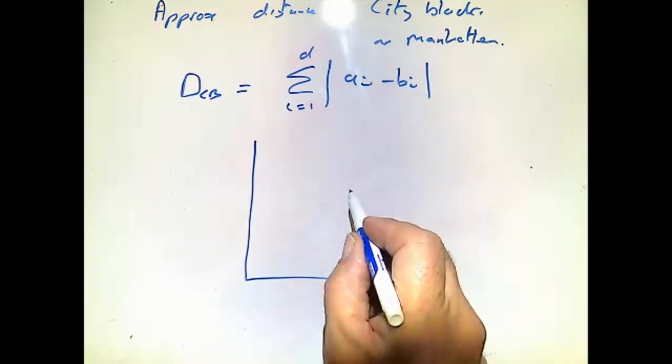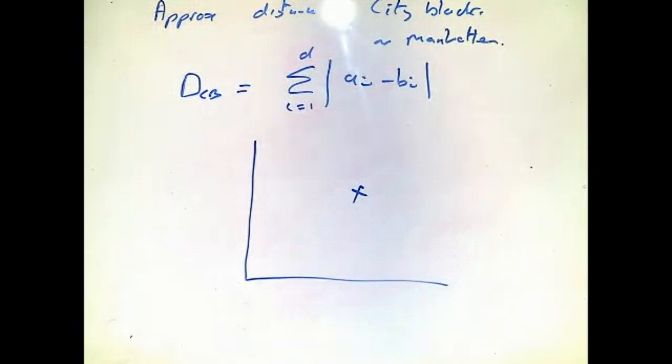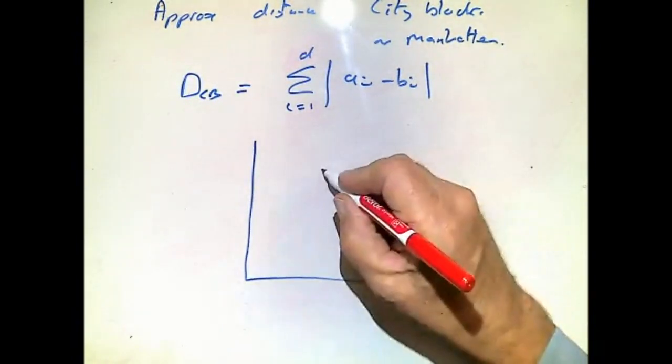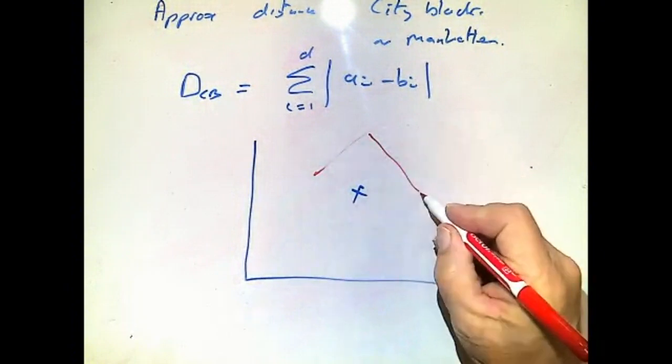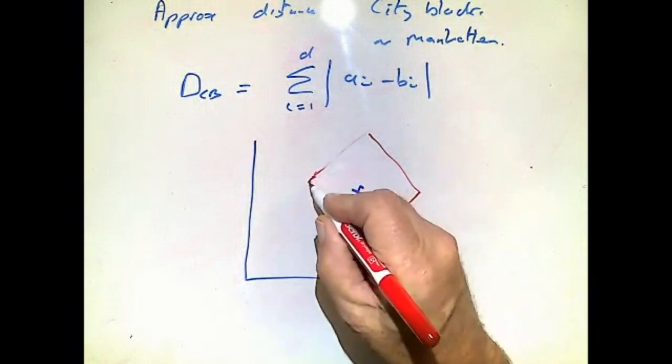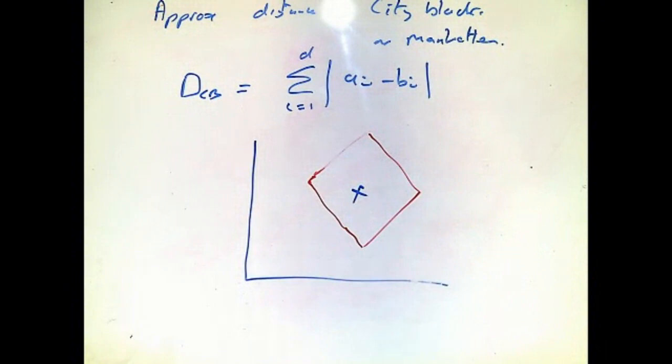If I take a pattern there, we find that the city block contour is a diamond, or a rhombus, or a square on its side. I don't care what you call it. And that is the contour of equidistance, which means that every point, every test pattern on that red line is an equal distance from the center pixel, if you're using that metric.